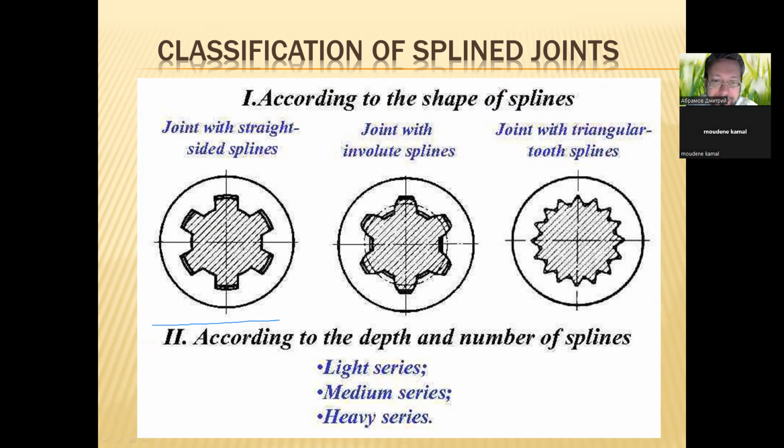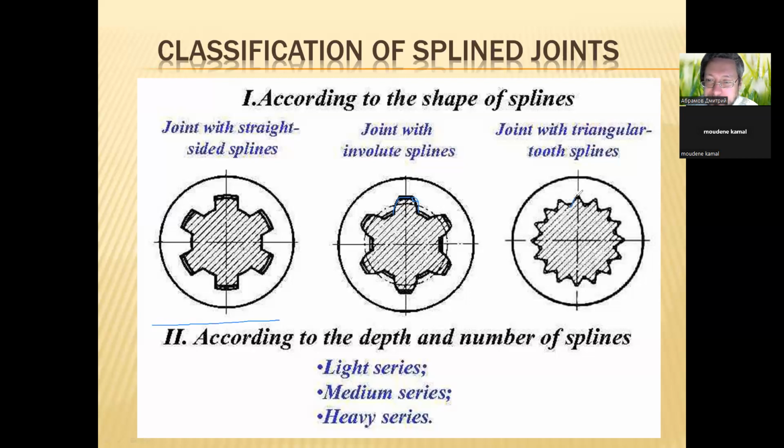You can see the teeth of these splines have involute form, like a G, and joint with triangular tooth splines.